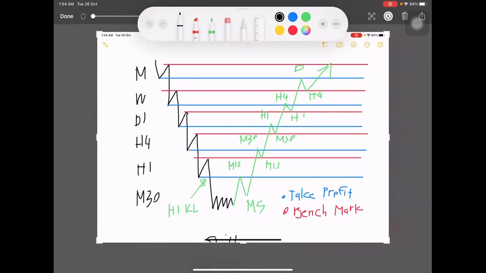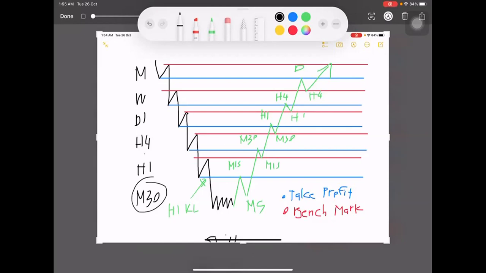Explain starting from where? From the key level at H1, from this one, M30, or from the blue line? From M30 go to, or from H1. M30? Yes. Going up.